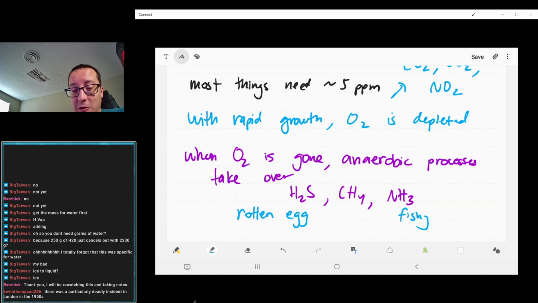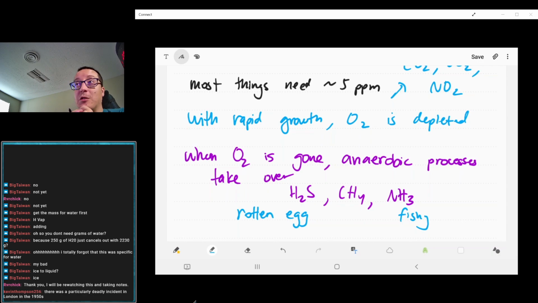So they've gotten so much growth there. Trophism is growth. Eu meaning good or strong. So there's so much growth going on in there that eventually all the oxygen is depleted, and so you only have anaerobic things that happen after, which produce these stinky things.